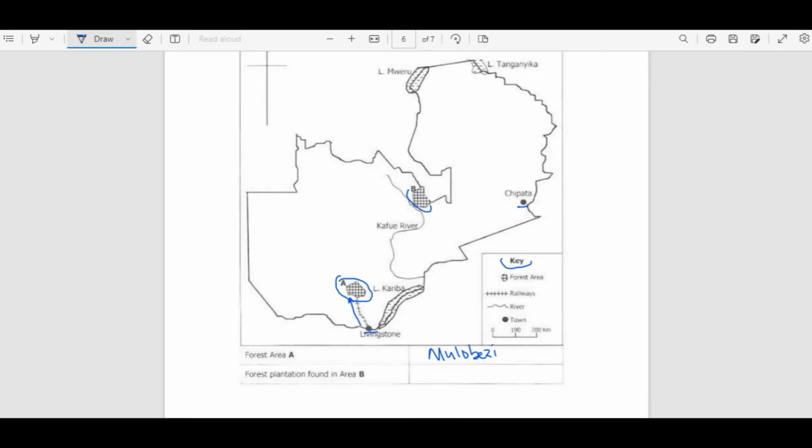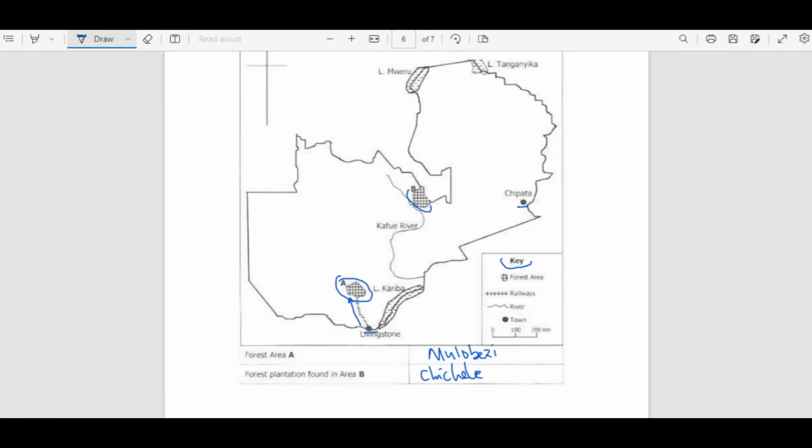And then they've told us to kindly at least name the forests that are found in area B. So what do we call those areas which are found in area B, which are forests? So number one, we can give an example of Chichele. So Chichele is one of them.